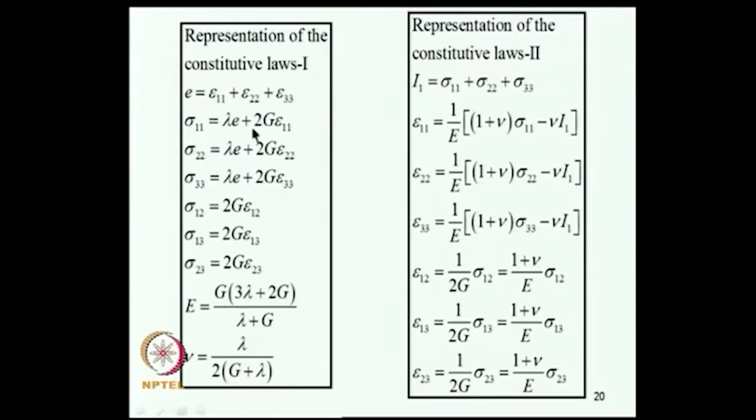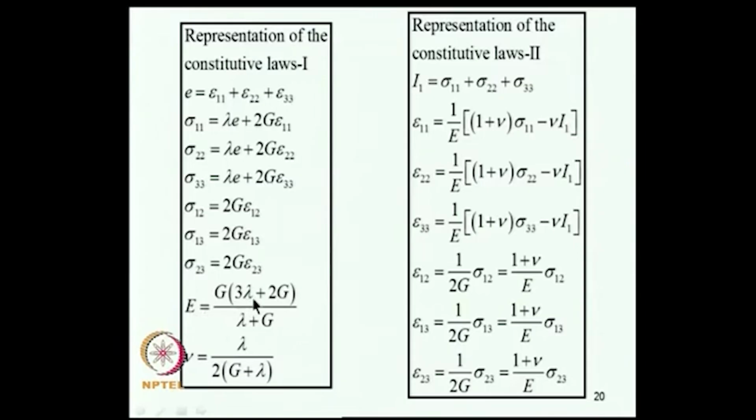We can show that there will be 2 independent constants. In terms of Lamè's constants, the constitutive laws can be given like this. The way the stresses are related to the strains is through this. E is the sum of the normal strains, and in terms of that we have this constitutive law. These are the stress strain relations.